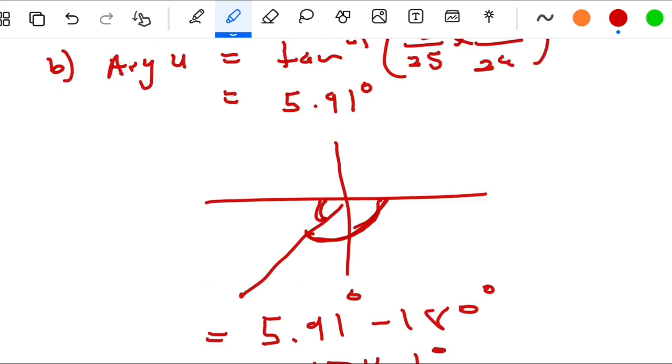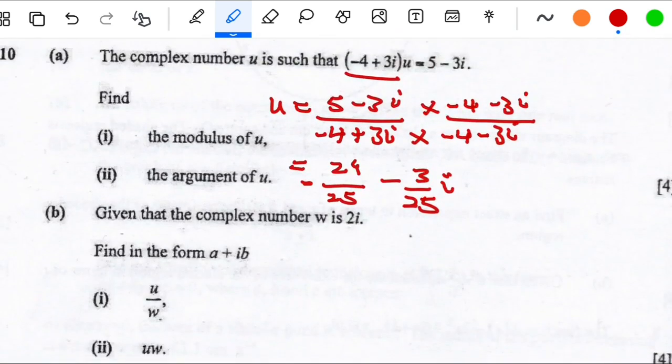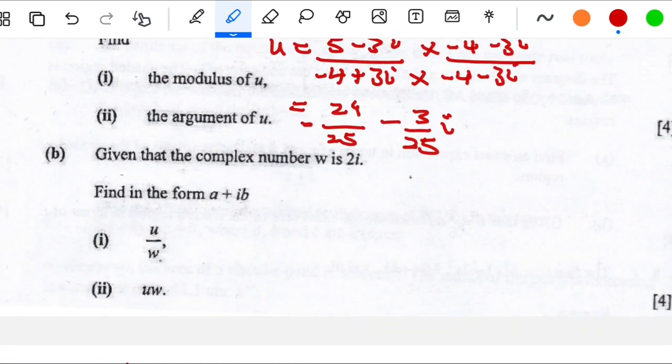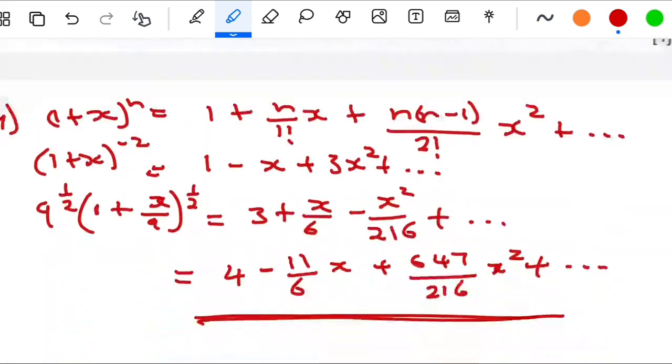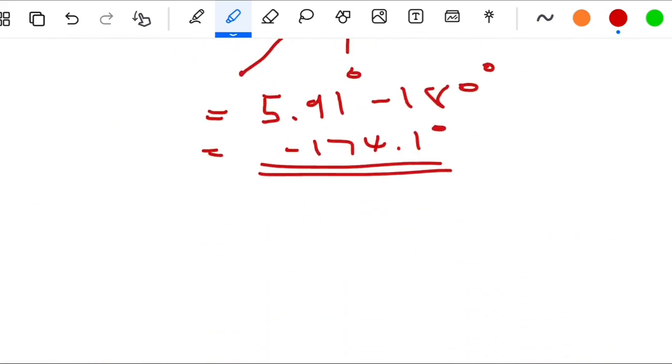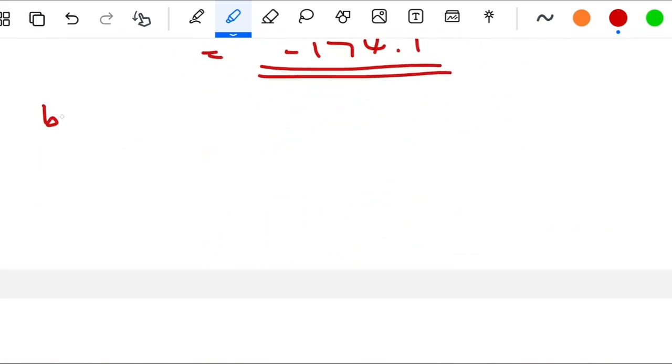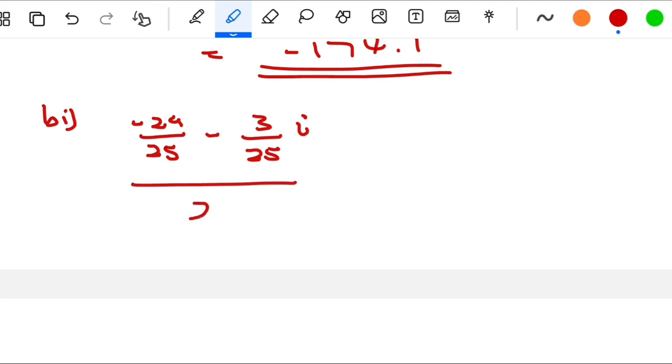Then moving on to B item 1, given that the complex number w is 2i, find in the form a + bi, u over w. Okay, so let's come here. u over w is (-29/25 - 3/25 i) over w, which is 2i.